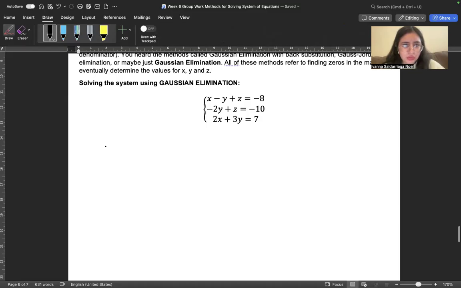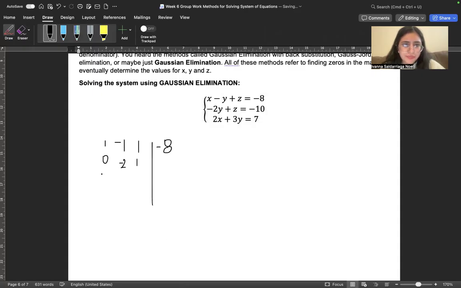So for the Gaussian elimination, we make the matrix 1, minus 1, 1, and we separate with a line another column. This will be minus 2, C1, and we don't have an X, so we put 0.